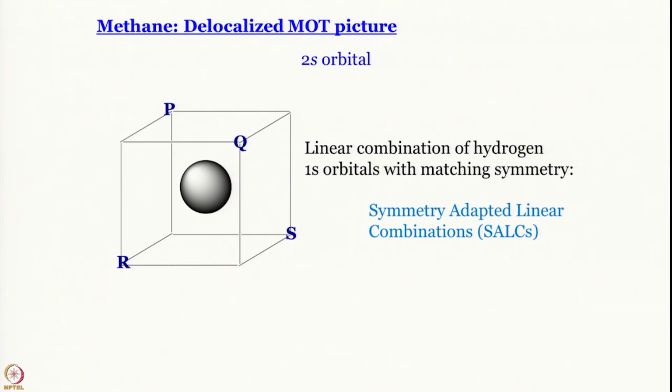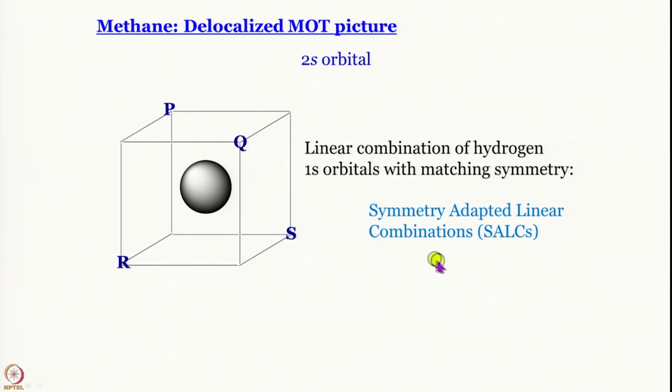So, we first construct a linear combination of the p, q, r and s 1s orbitals, and we make combinations of particular symmetries. That is why these are called symmetry adapted linear combinations, SALCs in short. If I am speaking Hebrew and Latin right now, please bear with me for a few more minutes, things will fall in their place.